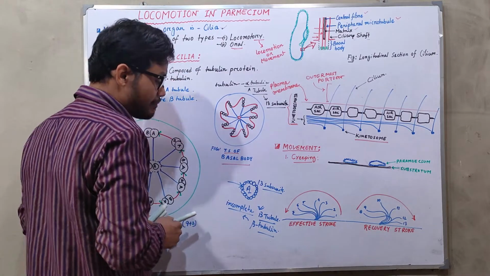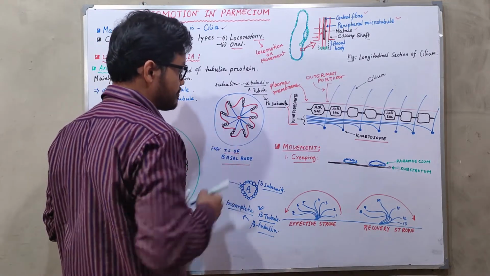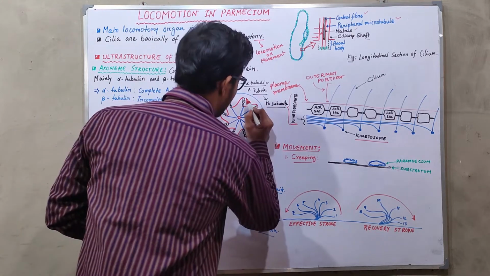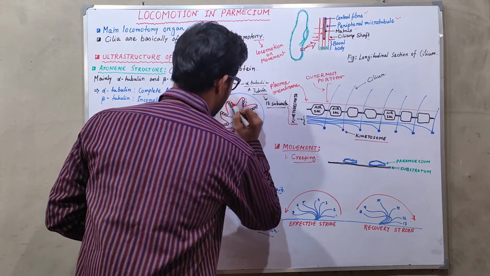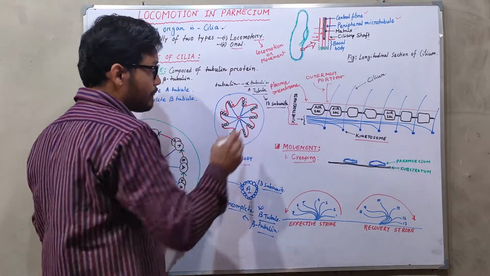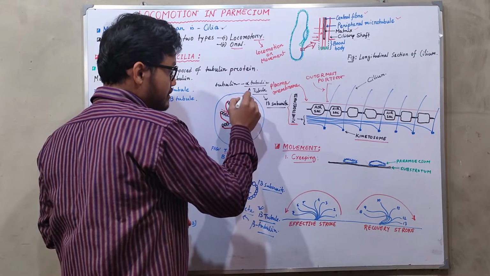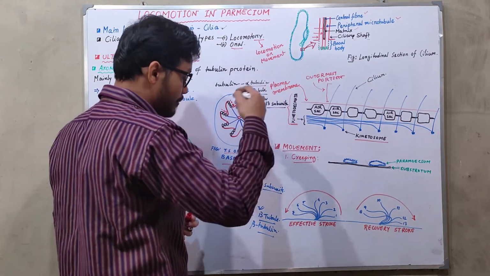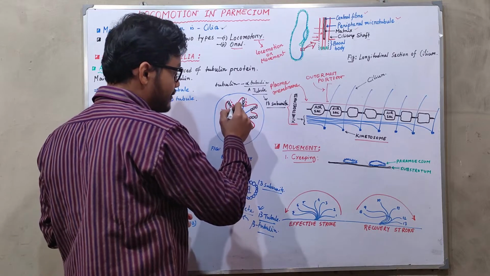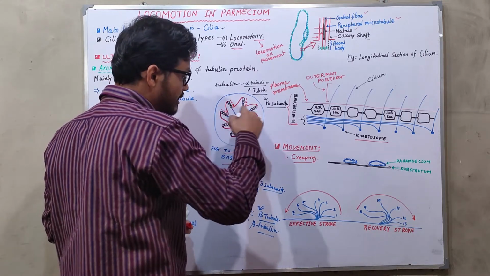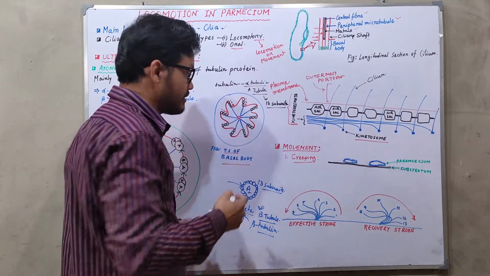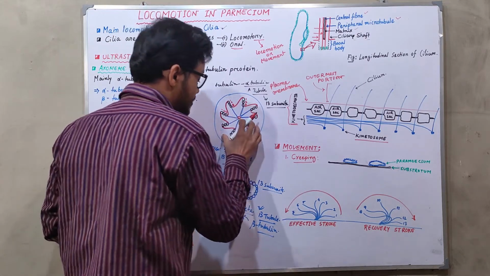In the basal body, complete A tubule structures are present in triplet nature, so 1 2 3, 1 2 3, 1 2 3. Alpha tubulin number one is attached with the next number 3 alpha tubulin, and so on, making a complex circular structure known as the basal body structure.